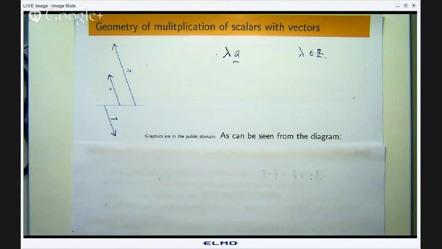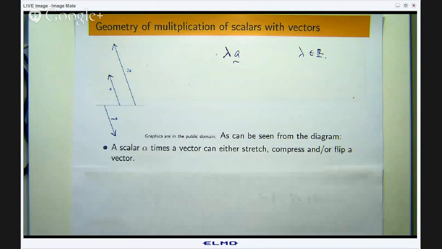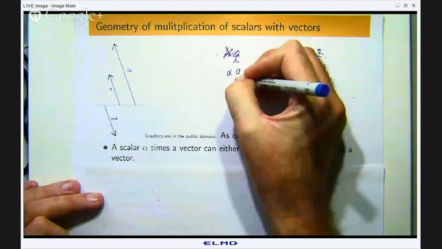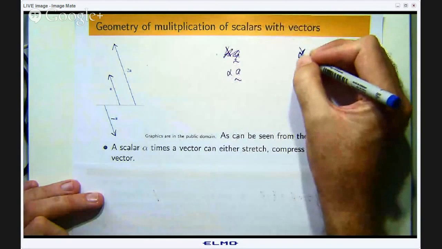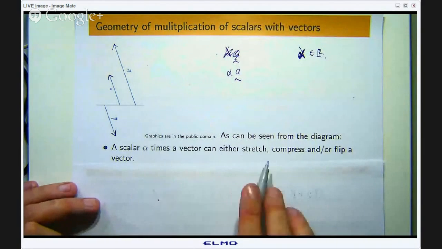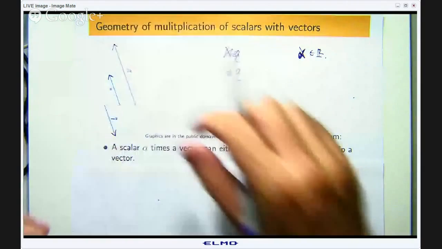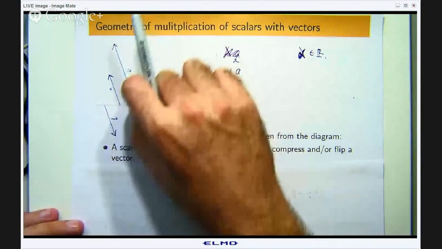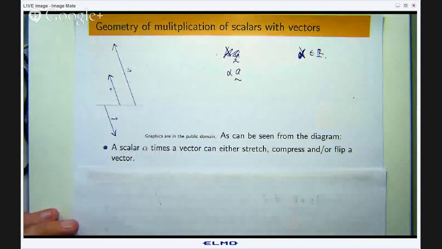If we are multiplying a vector, oh, actually I've got alpha there, so let me change that to alpha. A scalar alpha times a vector can stretch, or it can compress. If alpha was, say, a half, you would get something half the length, or flip a vector like we have in the negative case.